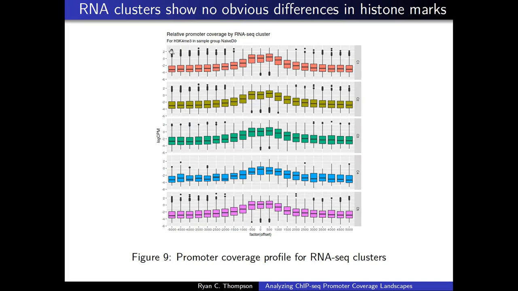This is the distribution of histone coverages at each of those 21 windows for all the genes in each of those 5 clusters, and you can see there's clearly no difference between any of the clusters. This is for H3K4 trimethyl at naive day 0, but I plotted it for every combination of histone mark, cell type, and time point, and it's basically the same story: they all look the same.